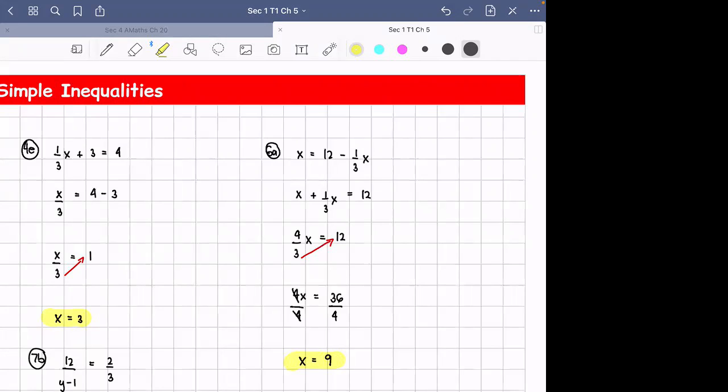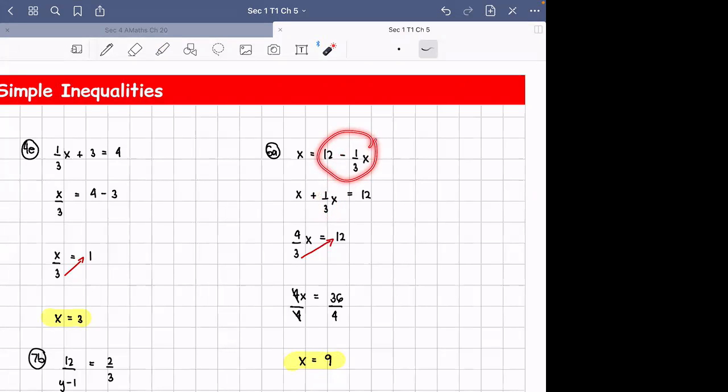6a. Ryan, what's your answer for 6a? Ryan, you did not answer number 6a. Okay, you cannot subtract 12 and x over 3. Again, you have here 1/3 x, so you cannot subtract this.